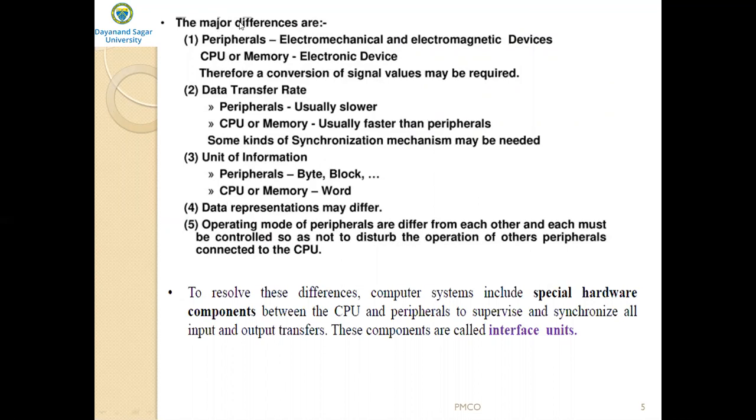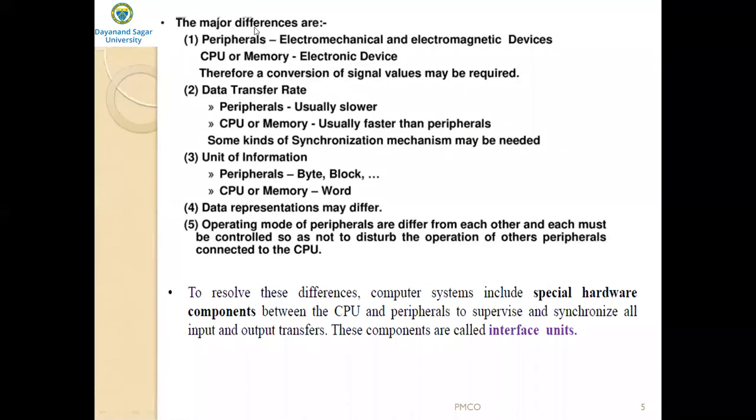The first difference is with respect to how they are constructed, that is, the peripherals versus the CPU or memory.